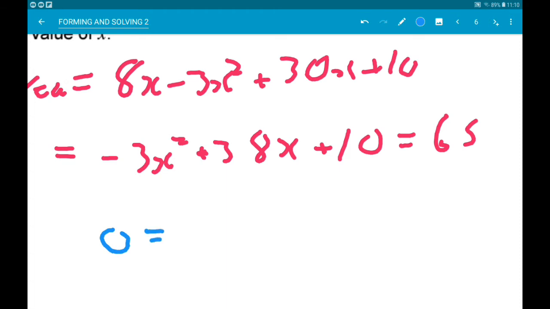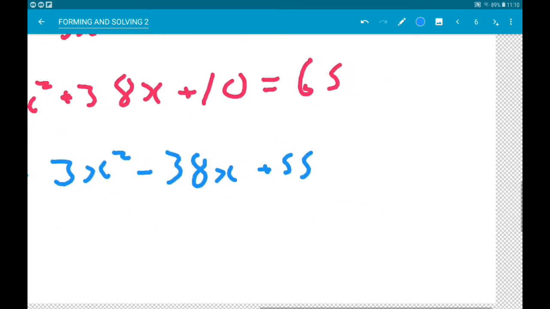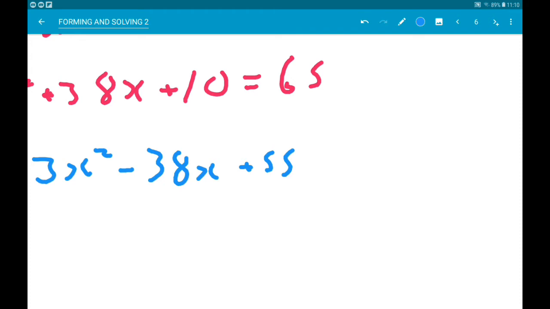So we're going to add 3x squared, subtract 38x, and subtract 10, so we get 55. Now, even though we got this equals 0 on the left, that really annoys me, so we can just put it on the right. Okay, so now we want to solve this.